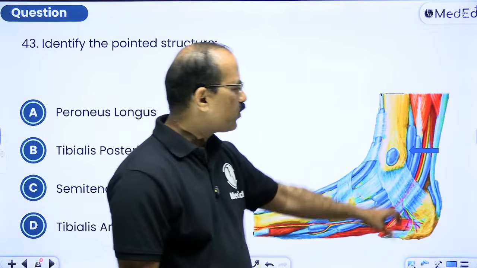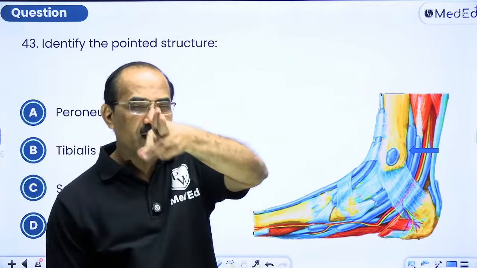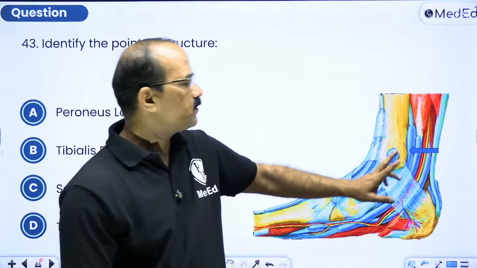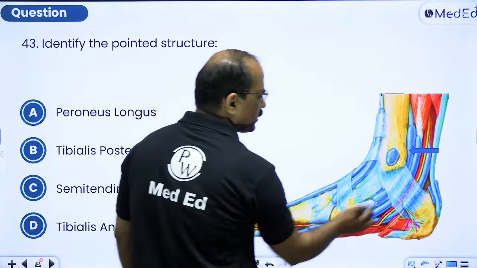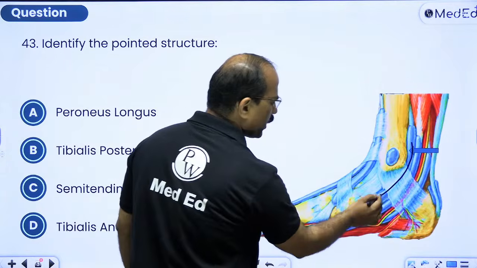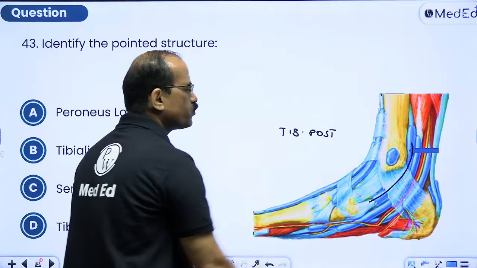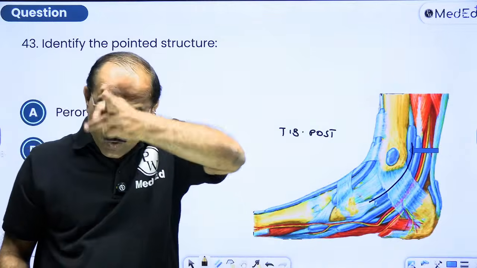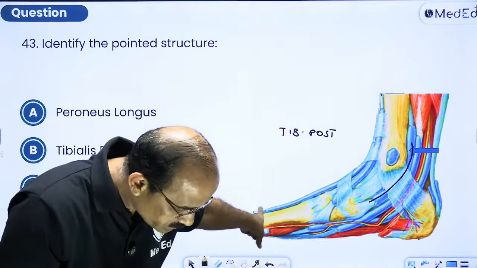Now you tell me, what is this structure? This is a very important MCQ. The structure which winds around the medial malleolus. Look at this structure. It winds around the medial malleolus. This is tibialis posterior. Remember, this is extremely important. The structure which hooks around the medial malleolus. That's a very important visual slide for you.